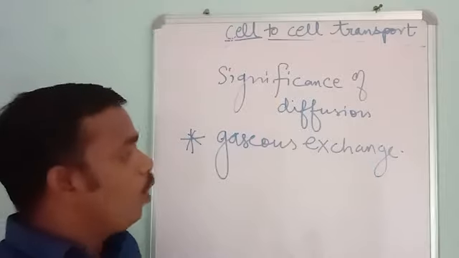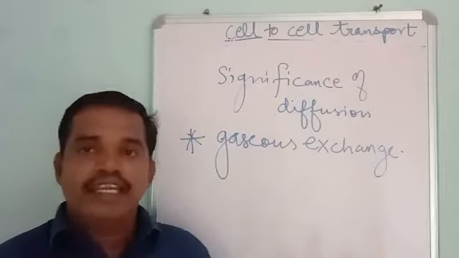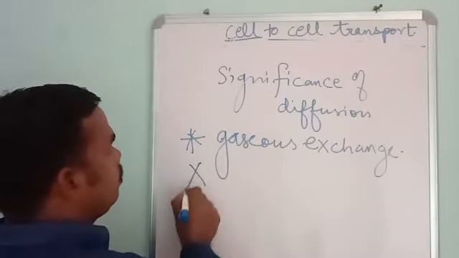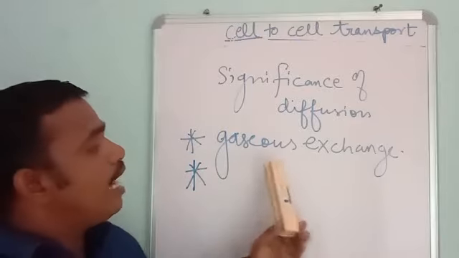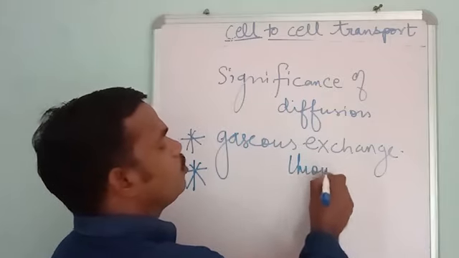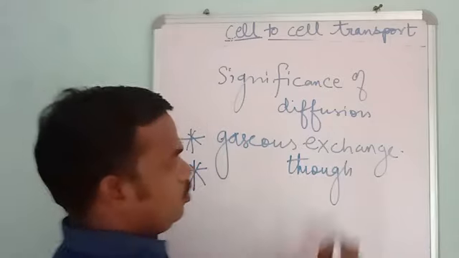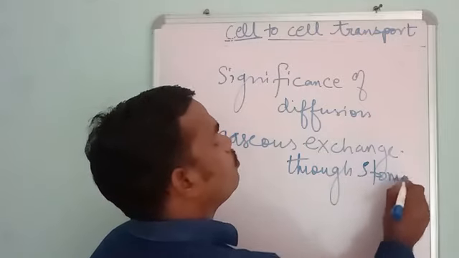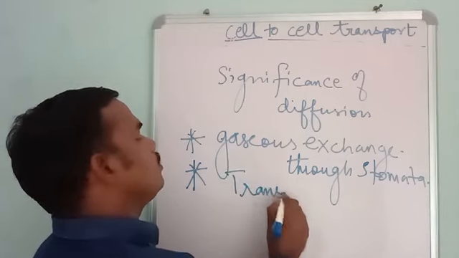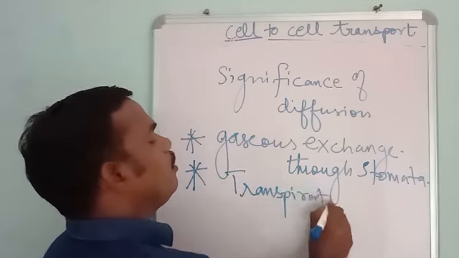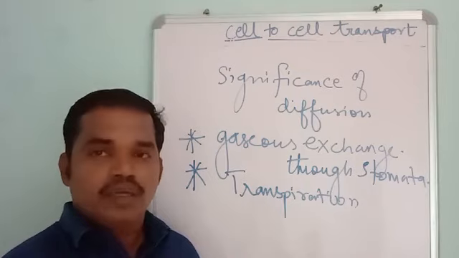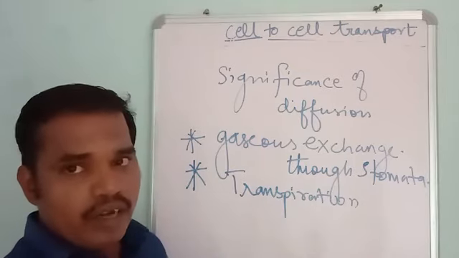Diffusion is a very slow process and does not require any energy. Gaseous exchange happens through the stomata. In gaseous exchange, carbon dioxide enters the stomata and oxygen exits outside of the stomata of the leaf.